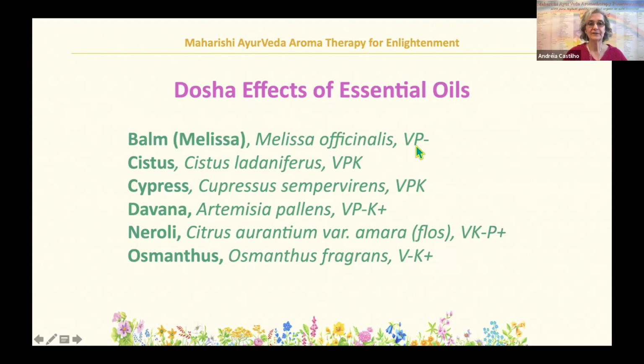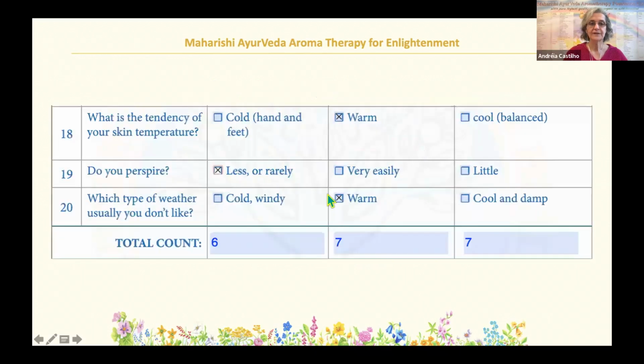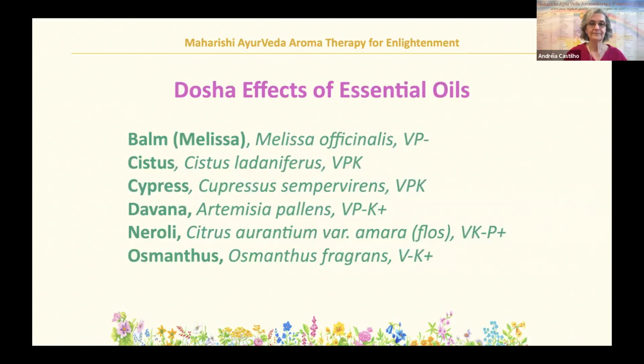So for someone who is Vata Pitta Kapha, reducing Vata and Pitta is a good thing so that they don't accumulate and lead to Vata Pitta imbalances. Cistus balances Vata Pitta and Kapha. It's tridoshic, so very well suited for someone who's a Vata Pitta Kapha type. Cypress balances Vata Pitta Kapha, so again, perfect for this person.